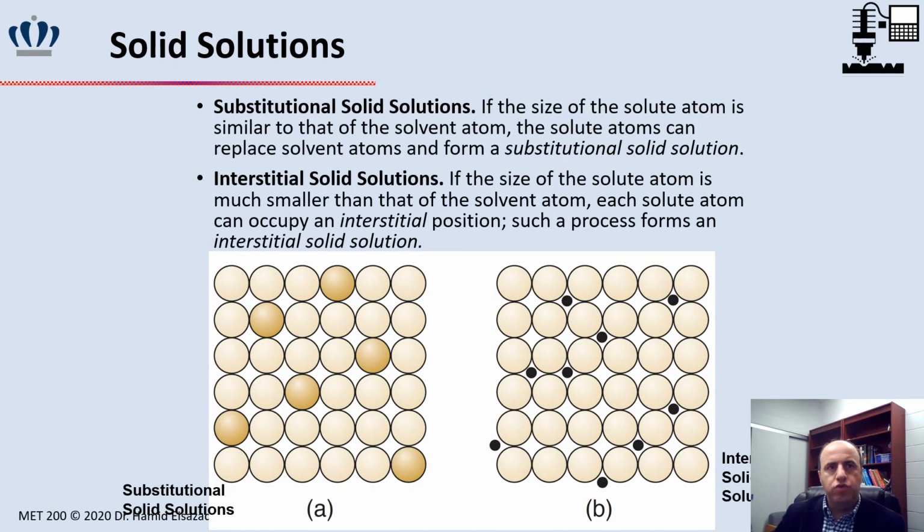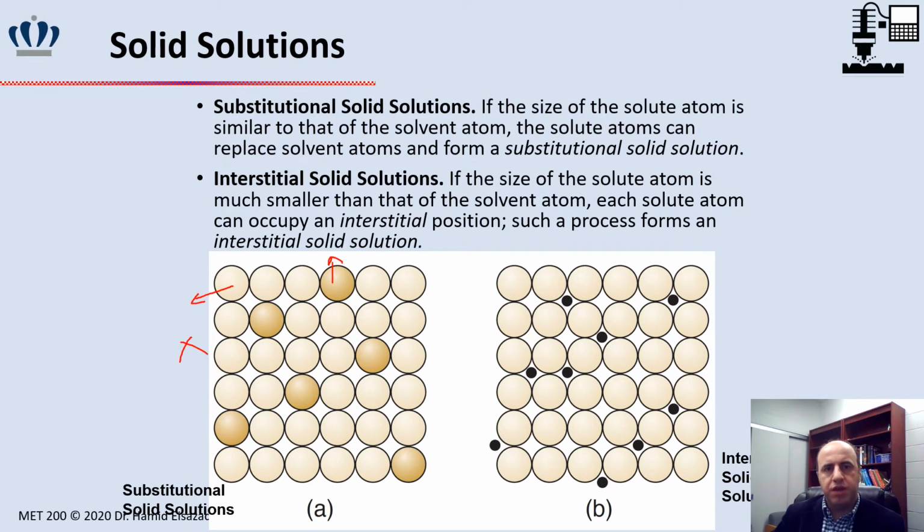We have two types of solid solutions. One is called the substitutional solid solution. This one, where we have both atoms in the same size, and this is solvent atoms, and this is solute.